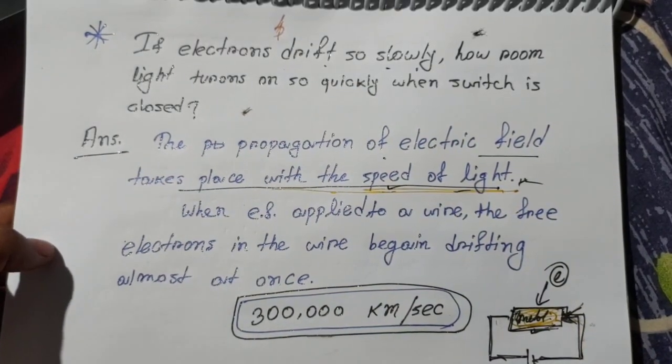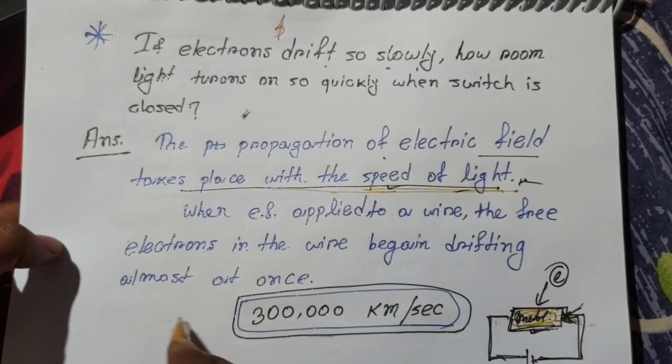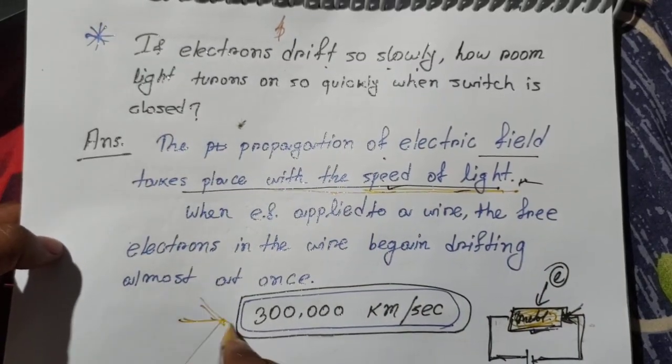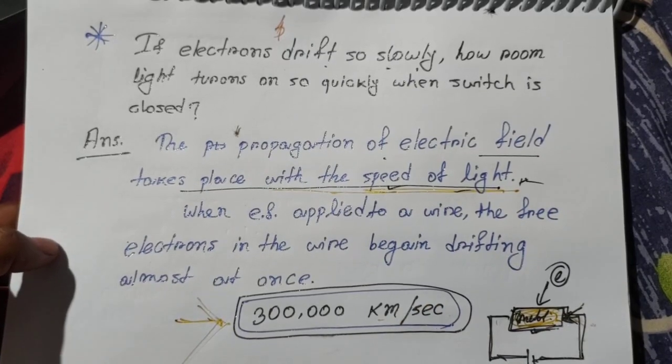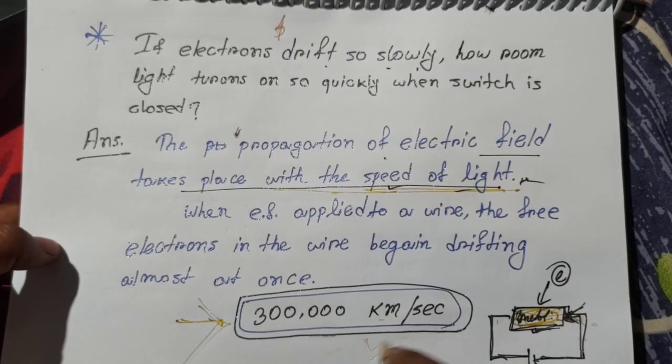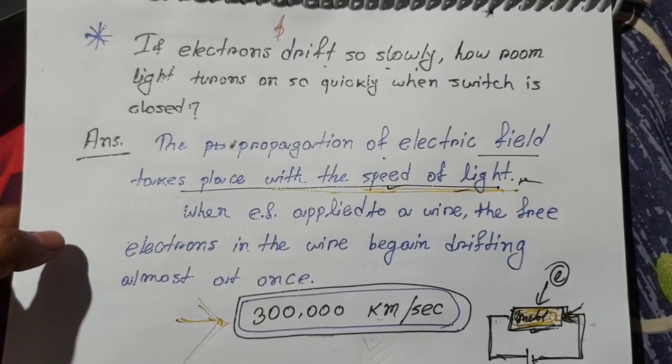The speed of light is here, in kilometers per second. This is too fast.